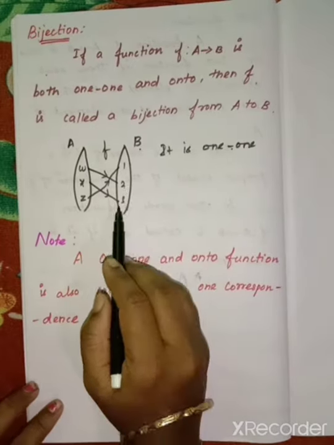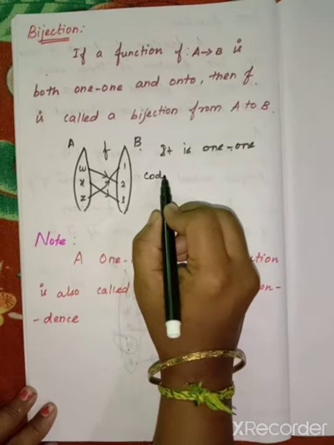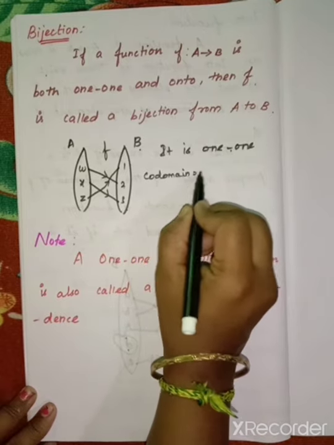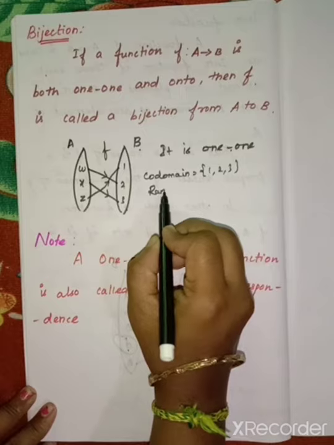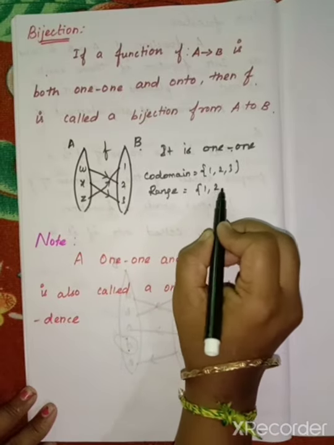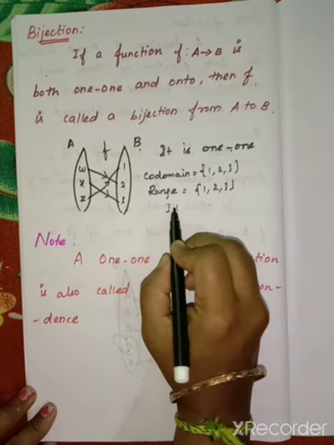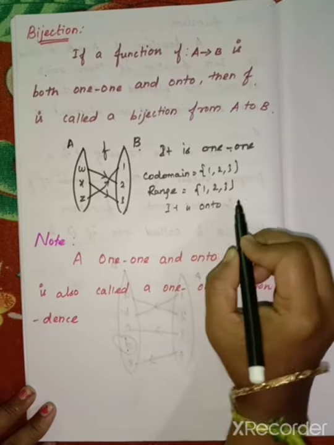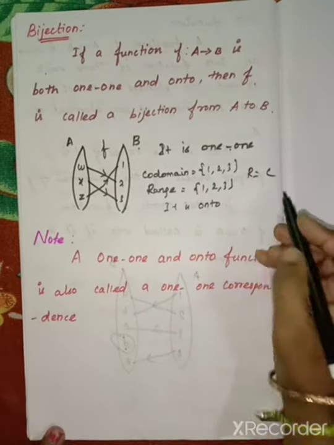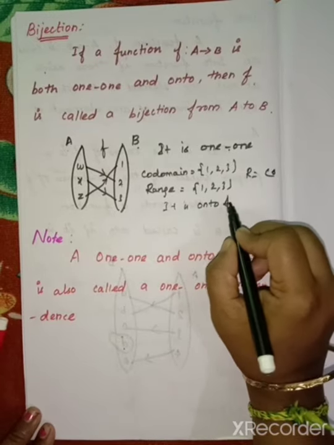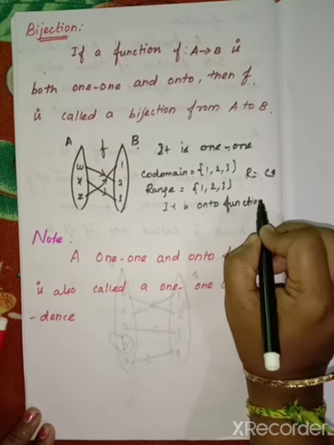See here, the codomain is 1, 2, 3. Then the range is also the same, 1, 2, 3. So it is an onto function because our range equals codomain.